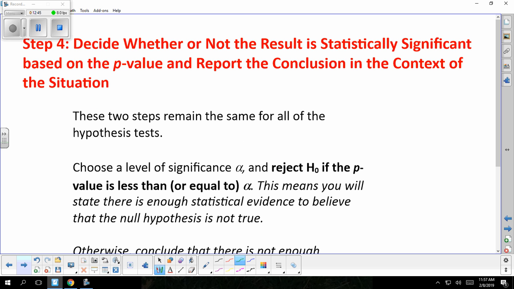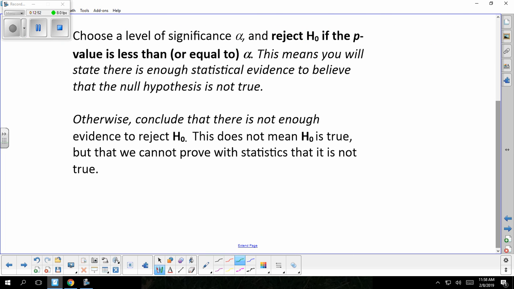Our last step is the same: if our p-value is less than our significance level, we reject, and we state our conclusion in context.